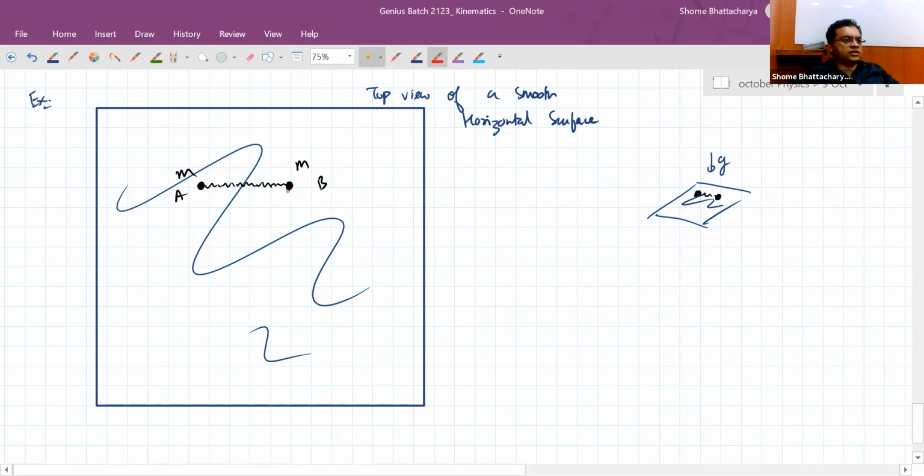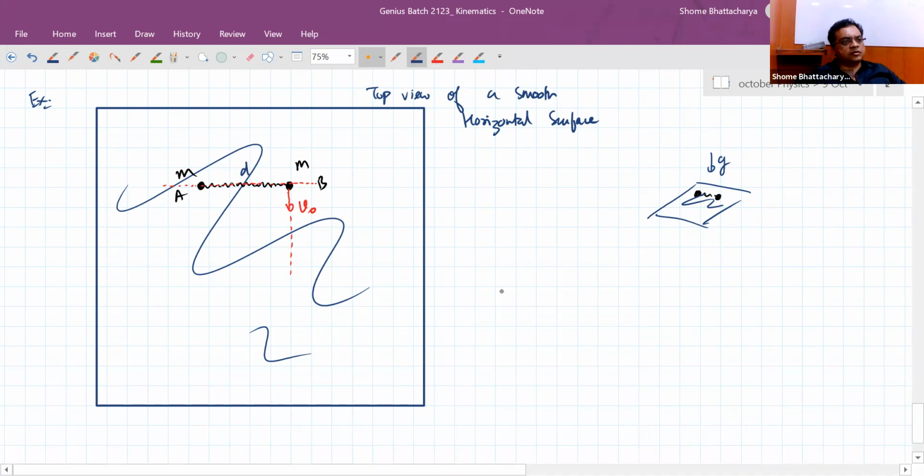Now, initially, this one is given a velocity in this direction, which is perpendicular to the line AB joining the two.